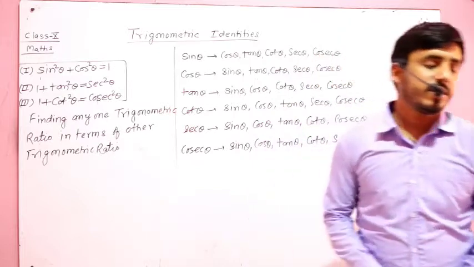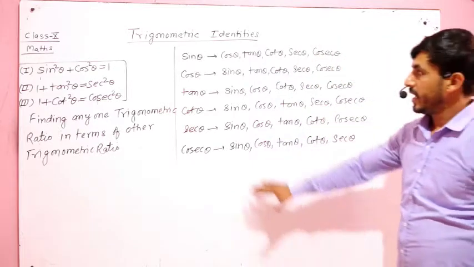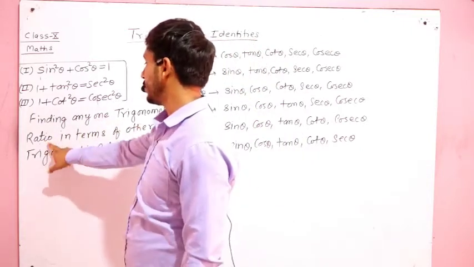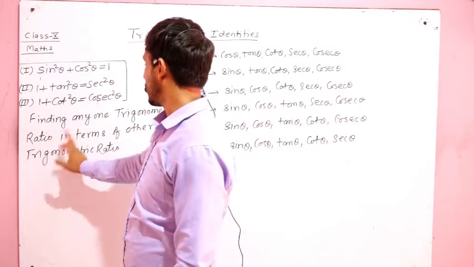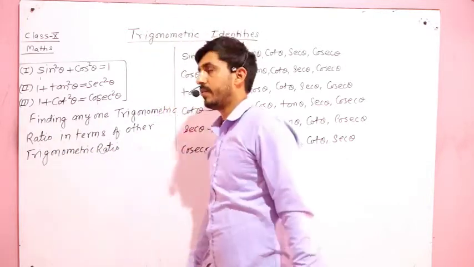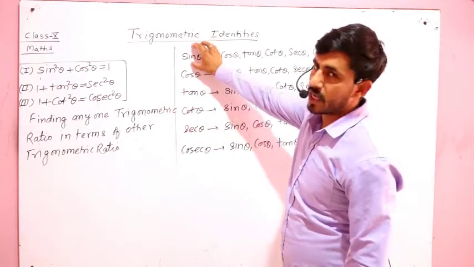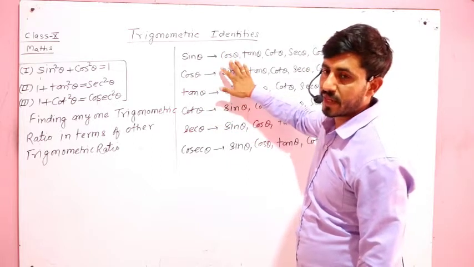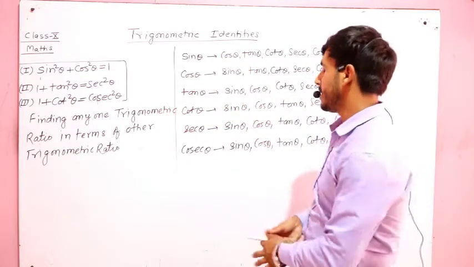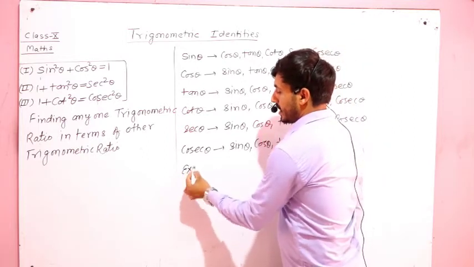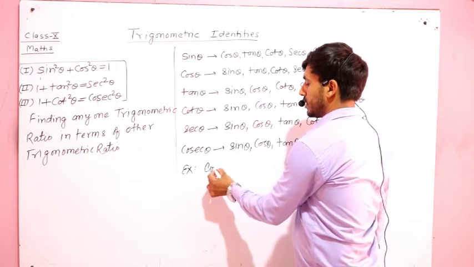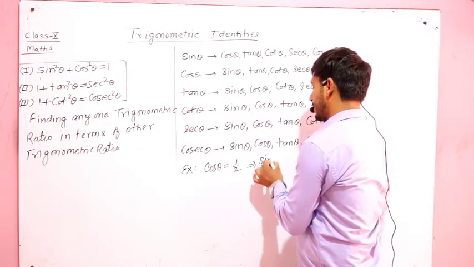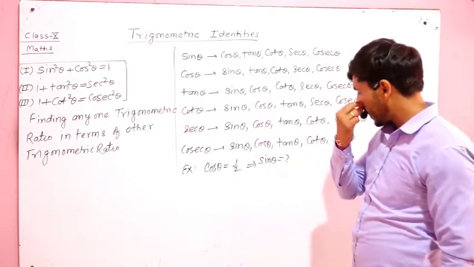What was our aim in this topic? Our aim was finding any one trigonometric ratio in terms of other trigonometric ratios. It means we have to find the value of sin theta when, in the question, the value of cos theta is given. For example, let cos theta equal 1 by 2, then what will sin theta be?